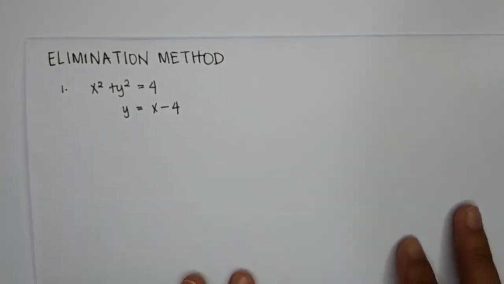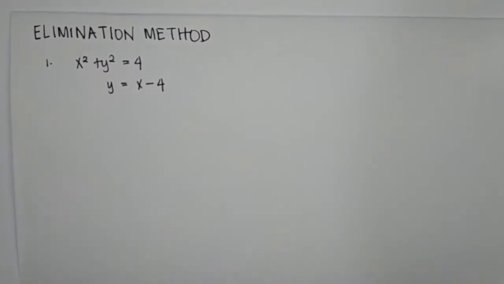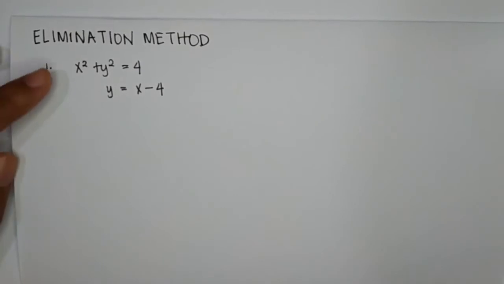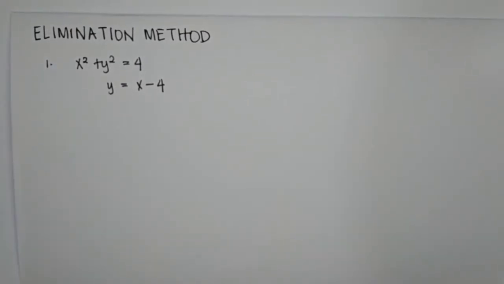So, ano nga bang elimination method, 'di ba? We know elimination is like we're going to eliminate or alisin natin yung isang variable para ma-solve natin yung natitirang variable. And after that, we're going to plug in kung ano yung value ng isang variable para ma-solve naman yung another variable. So, ganyan yung elimination method.